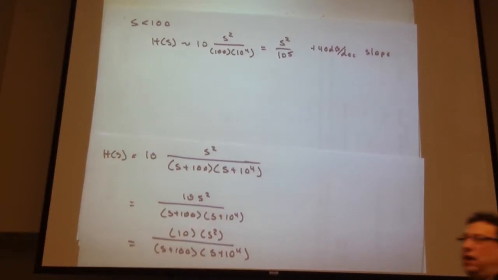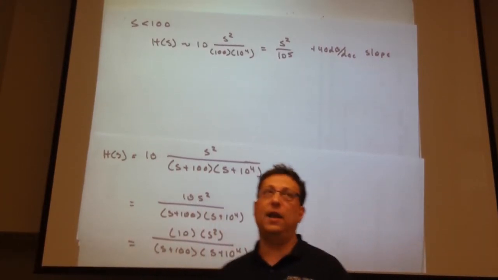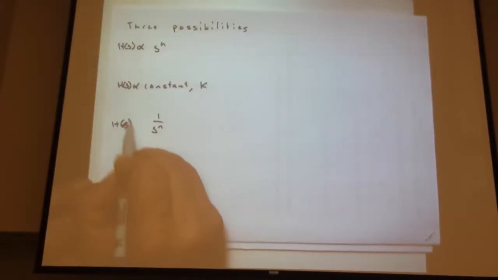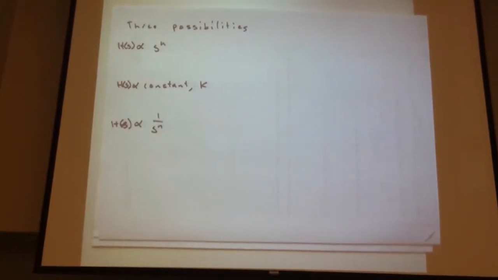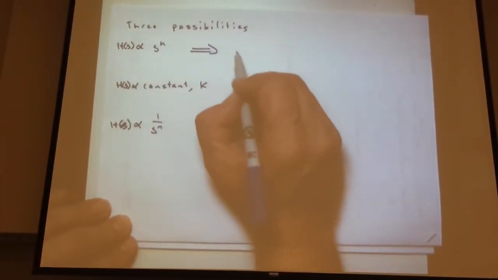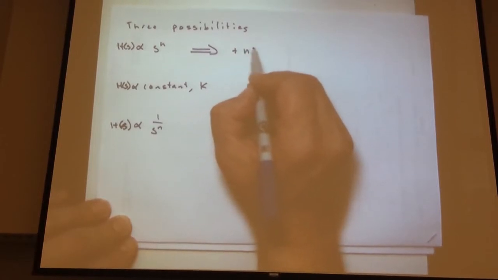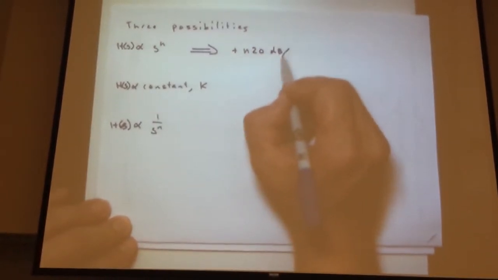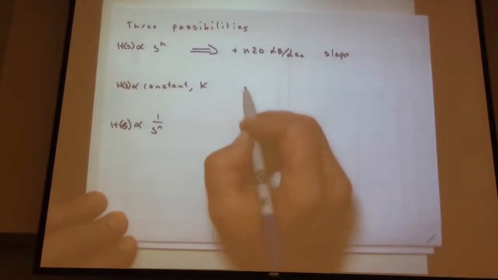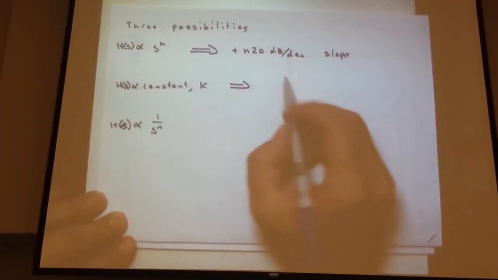We could find a reference value by plugging in an omega. So, at omega line approximation, we can break it down a bit. And so, what this means, we have plus N times 20 dB per decade slope. Yeah, I see that. Okay.